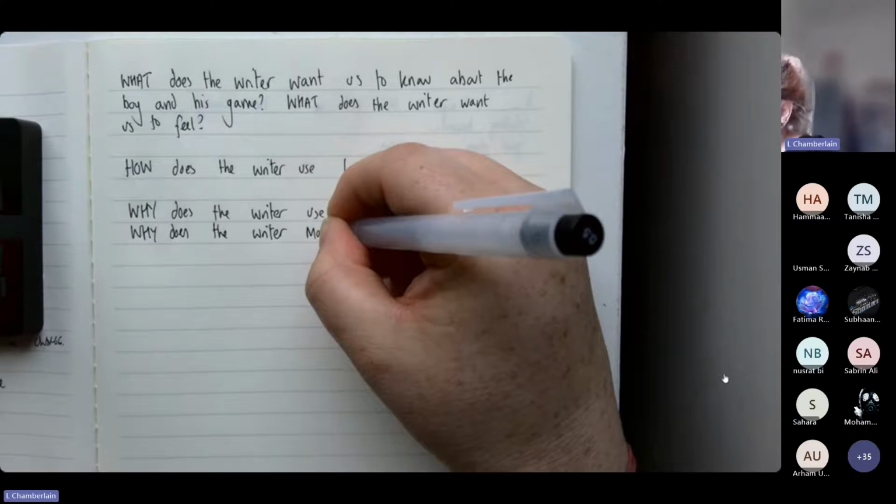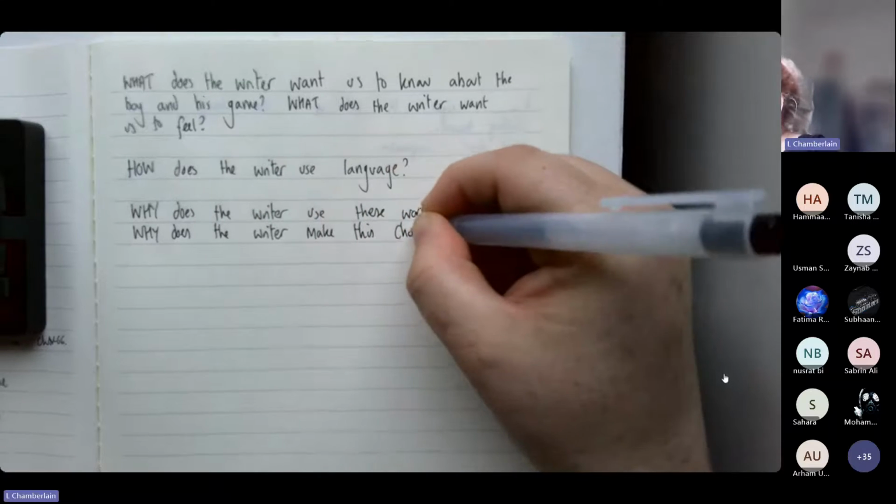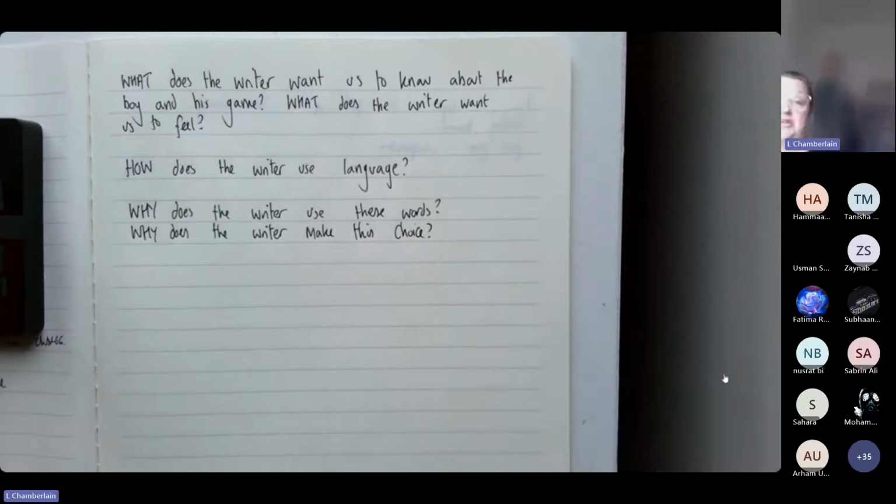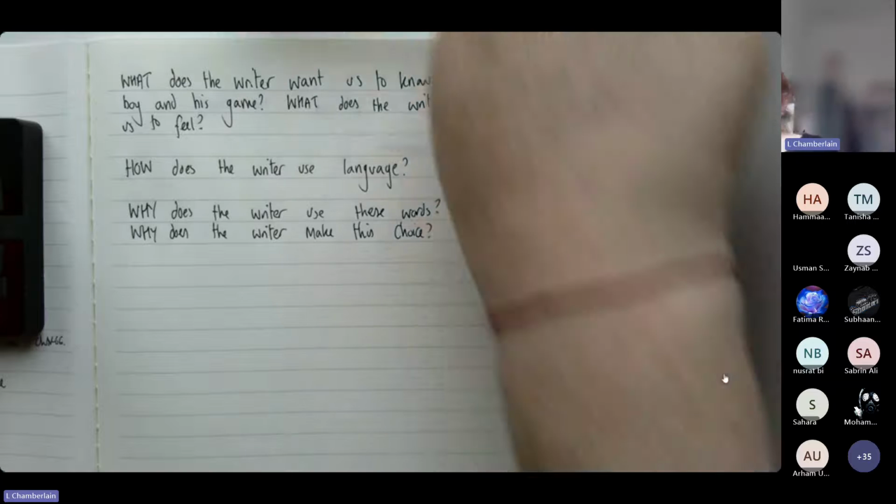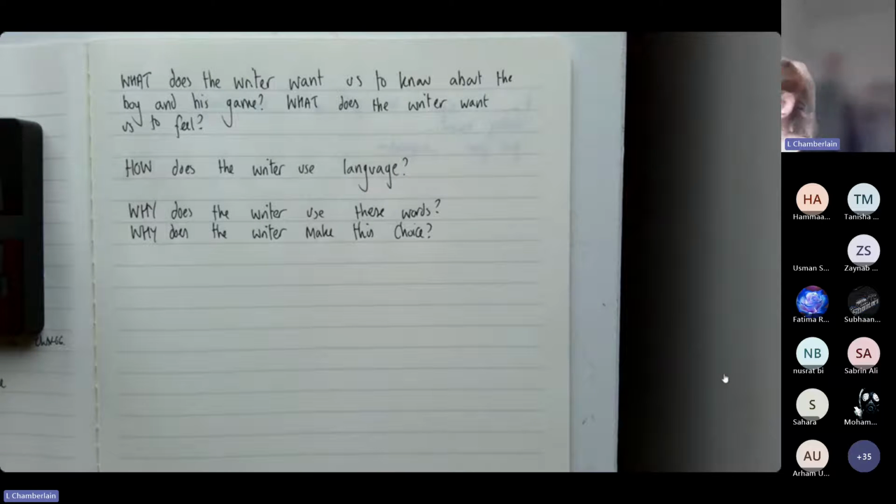Now, if we keep those questions in mind when we're writing our answer, we're going to be able to have a much stronger, a much more detailed piece of writing. And obviously, that's what we want to go for.